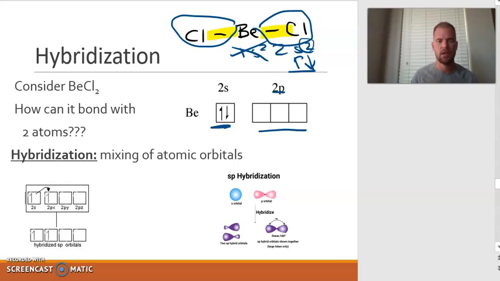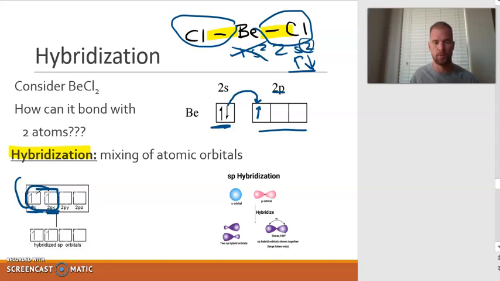Here's what happens. It happens through the process of hybridization. So what ends up happening, and this, like I said, happens on its own, we don't do it, is this electron right here ends up moving or getting promoted to this empty p orbital right there. So that's shown right here. It moves that one electron. And then that s orbital and that first p orbital there, they actually mix together.